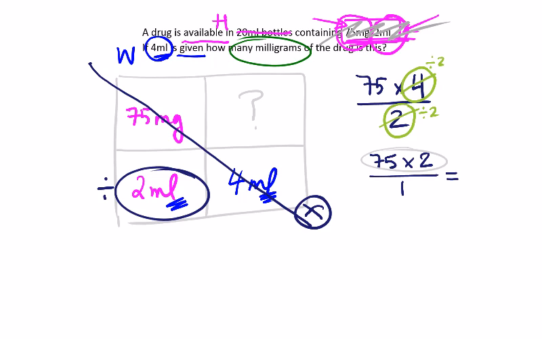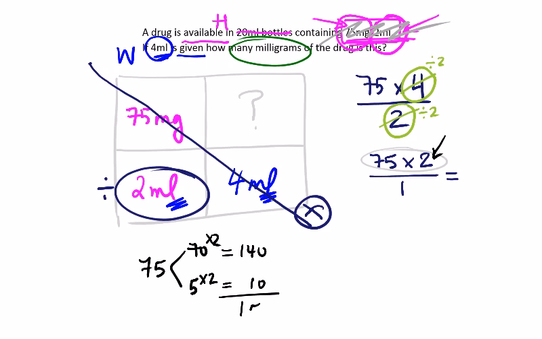We can do that in our heads. 75 is the same as 70 and 5. If we are multiplying by 2, multiply each one of these two parts by 2. 2 70s, 140. 2 5s, 10. So what do we have in total? 150. If you didn't know that straight away in your head. So 150 divided by 1, which is exactly 150.